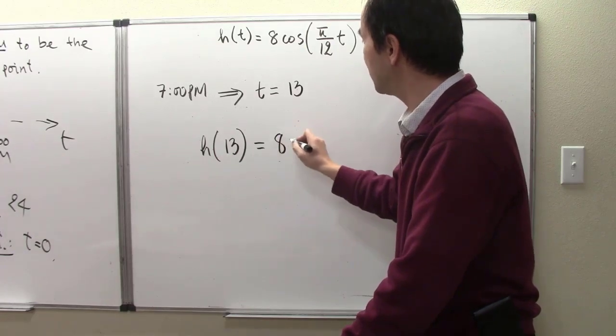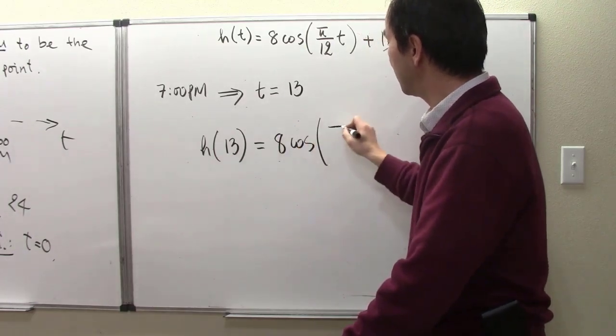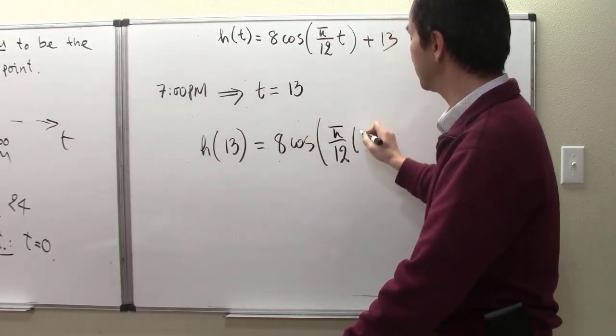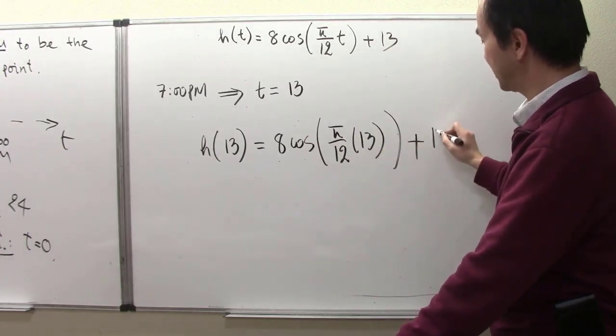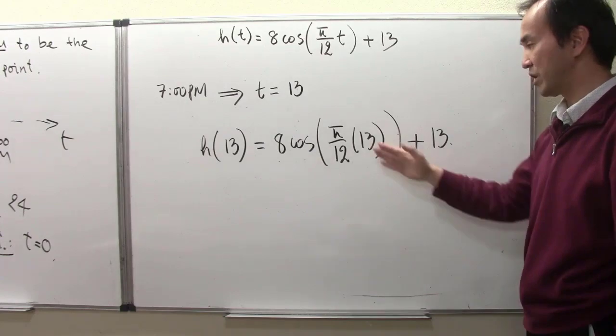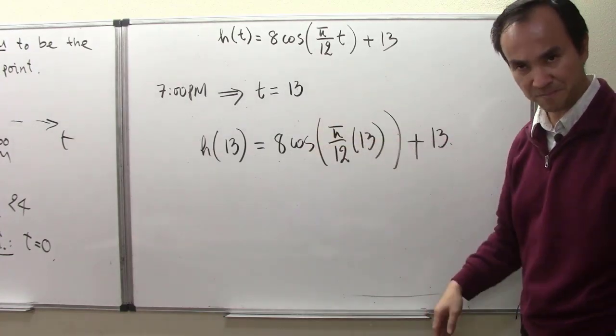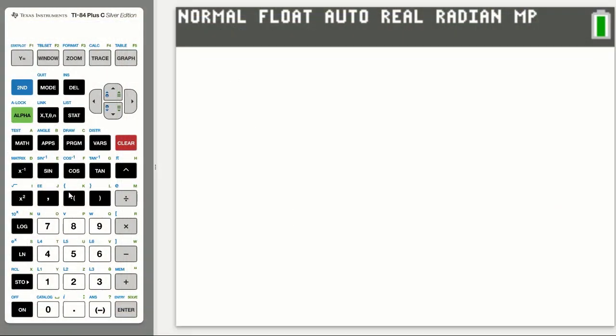We have 8 times cosine of pi over 12 times 13, close that parentheses and add another 13. And again, we're going to keep everything in radians. Now with the calculator, 8 times the cosine function.